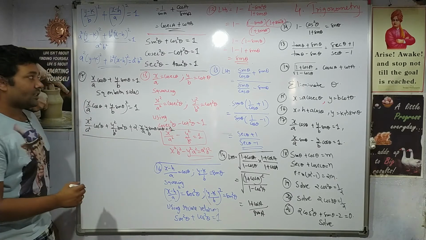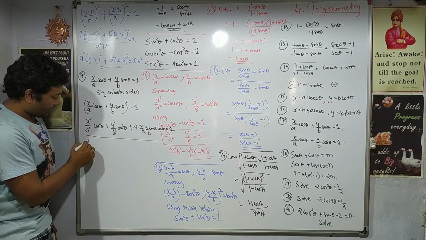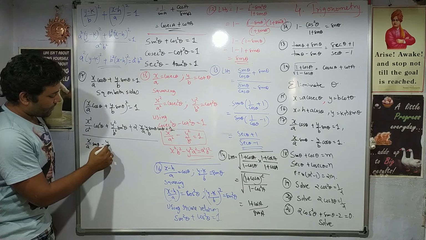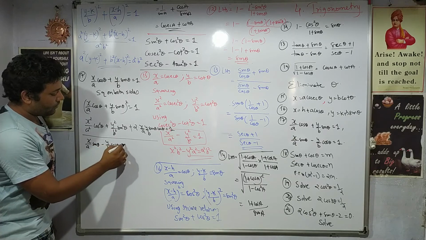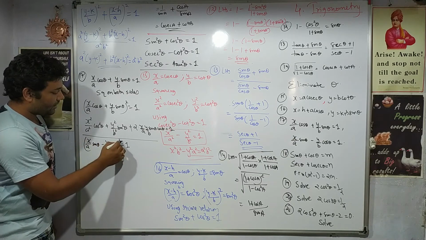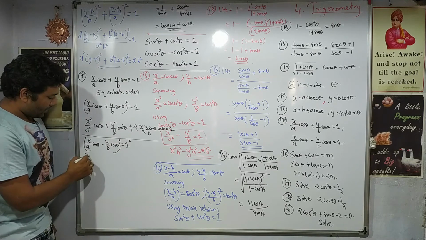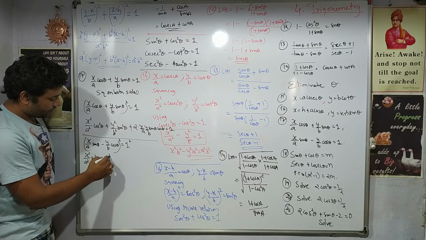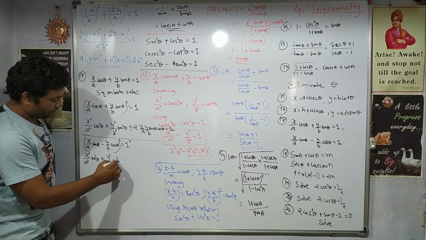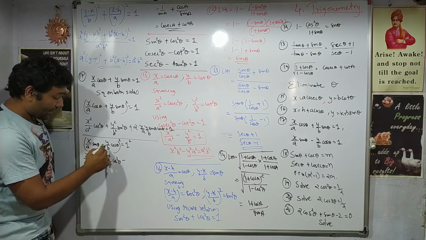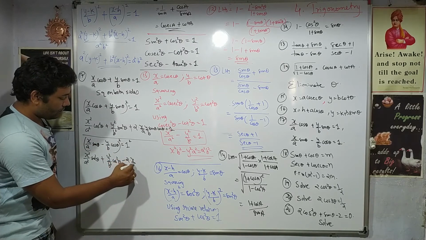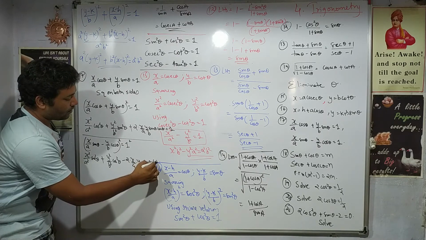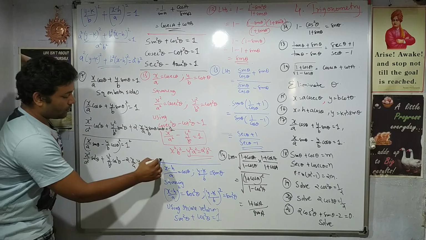Let us simplify the second equation also. What is the second equation? (x by a) sin theta minus (y by b) cos theta equal to 1. So again squaring on both the sides. Correct? So it will be a square, b square, minus 2ab, equal to 1.